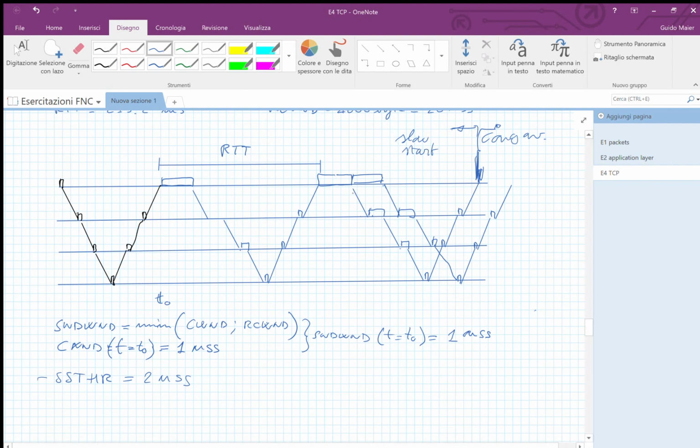In this case, the previous window contained 2 segments. So we can send another segment here, and then at this time also the ACK of the second segment was received. So it means that the congestion window will increase by 2 multiplied by 1 over 2, so it will increase by 1. Okay.